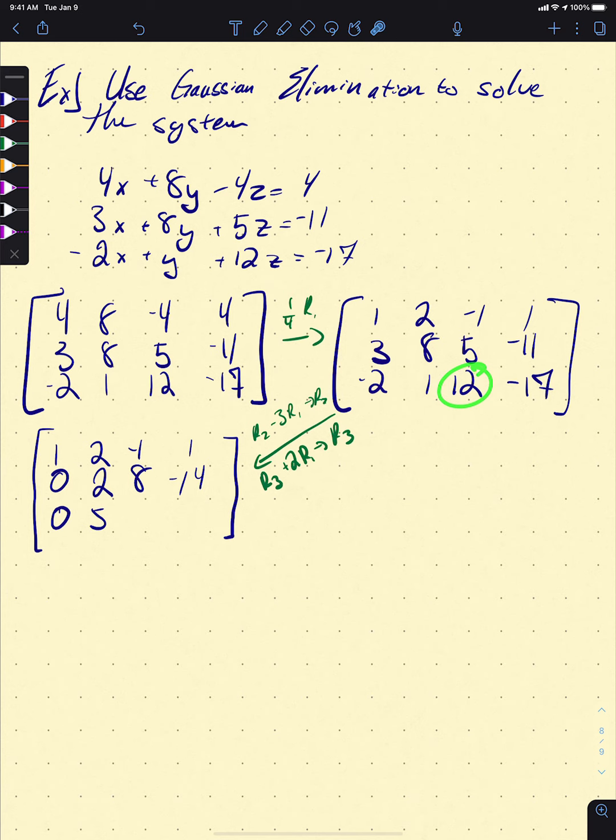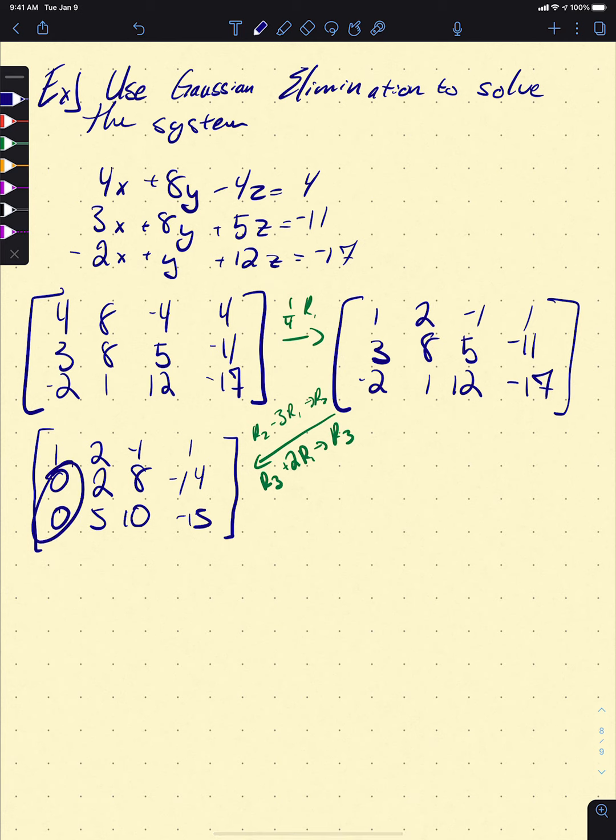We're going to have 12 minus 2 to get 10. And then it looks like we're going to have negative 17 plus 2 for negative 15. Okay, so what happens next, right?